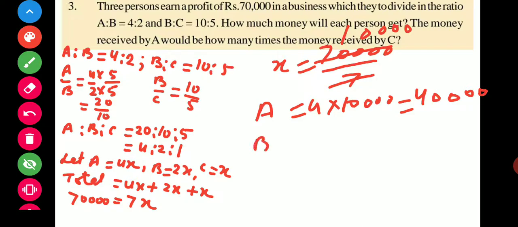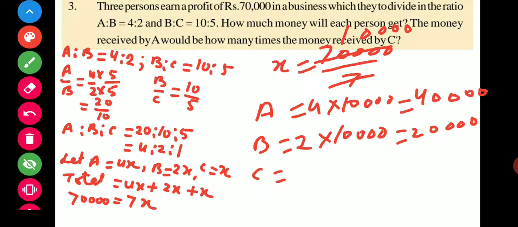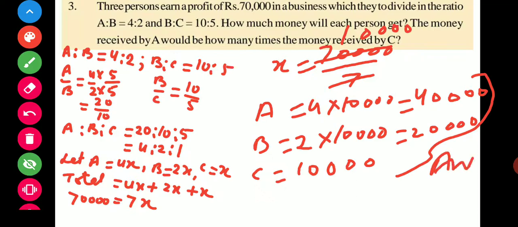B's money is 2 into 10,000, so it becomes 20,000. And for C, C is only x, so it gets 10,000. So these are the answers to this question.